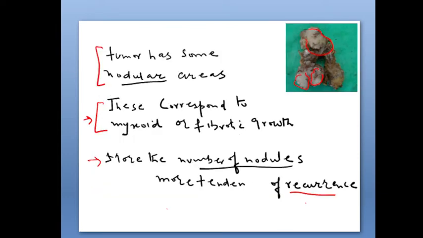This tumor after removal presents with nodular areas. These correspond to myxoid or fibrotic growth. That means these are probable stromal areas, accounting for stromal areas histopathologically.